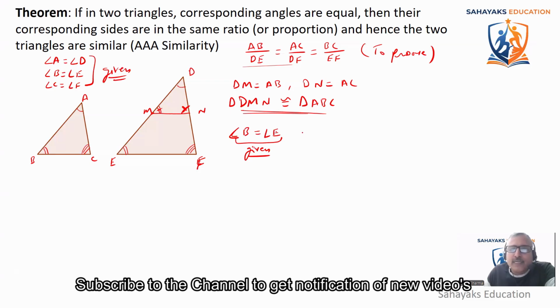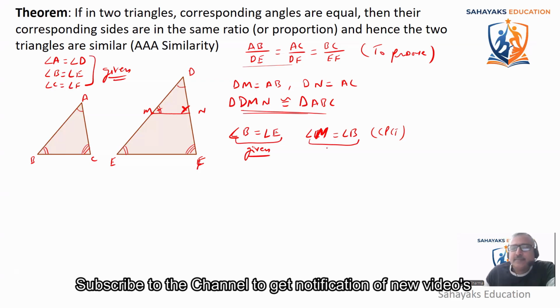And we know that angle, not angle E, angle M, we know angle M is equal to angle B. Why? Because triangles are congruent, because of CPCTC. You can say CPCTC, congruent parts of congruent triangles are congruent.